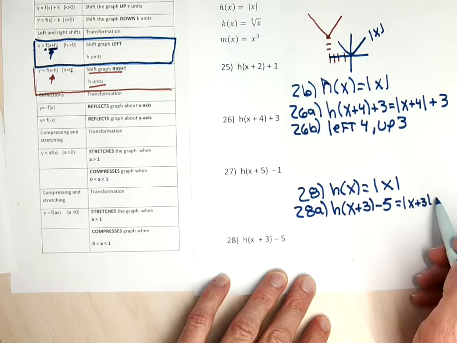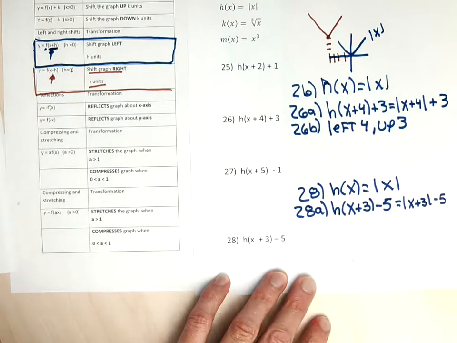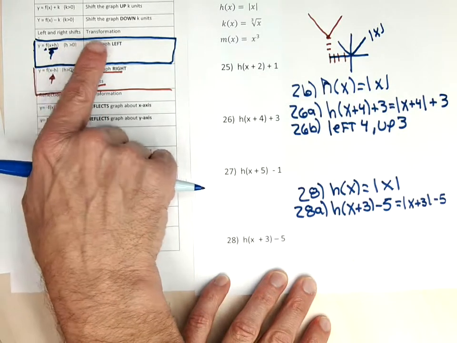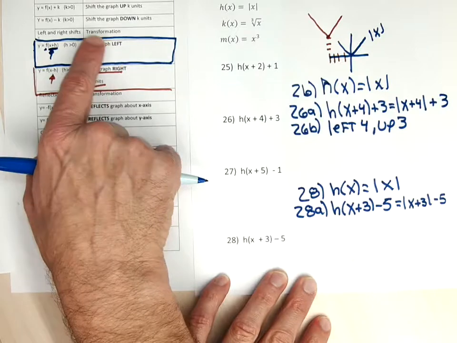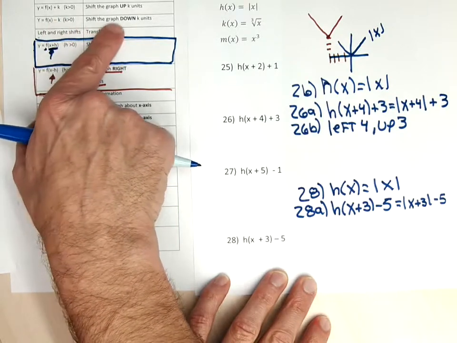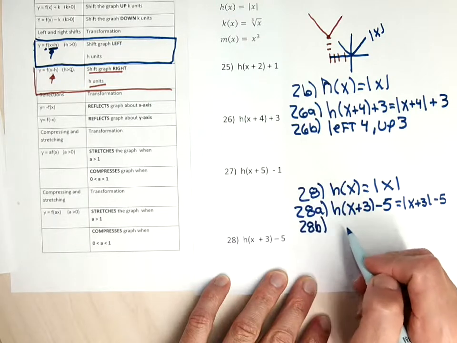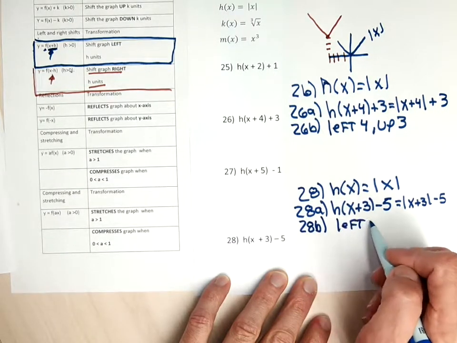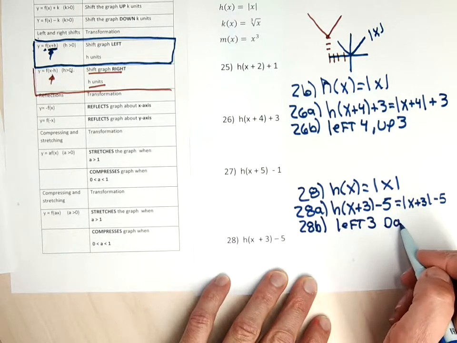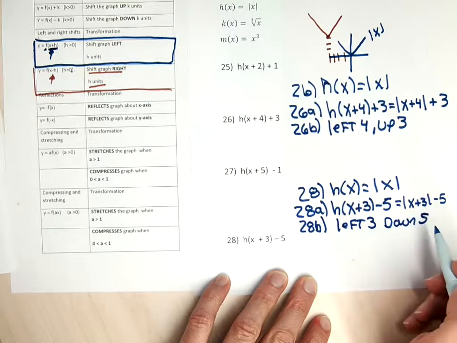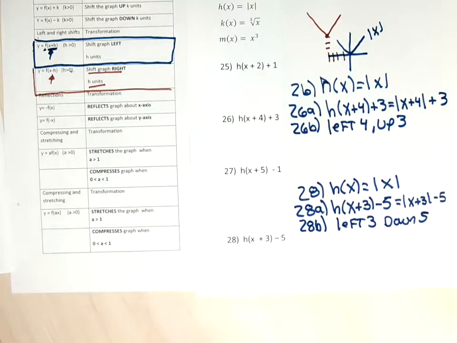The minus 5 is going to go after the function because it's not in the parentheses. Using function notation, plus inside the parentheses moves the graph left, minus after the function moves the graph down. So for part B, I'm going to say the graph is going to be shifted to the left 3 and down 5. And I'm not going to graph that just to save some time.